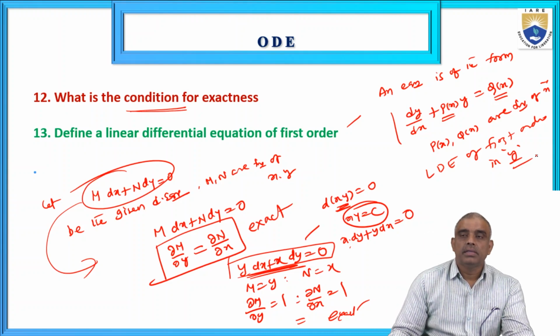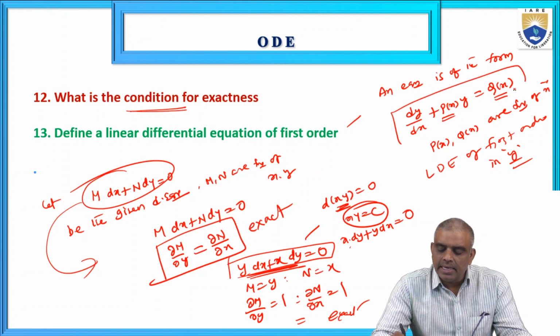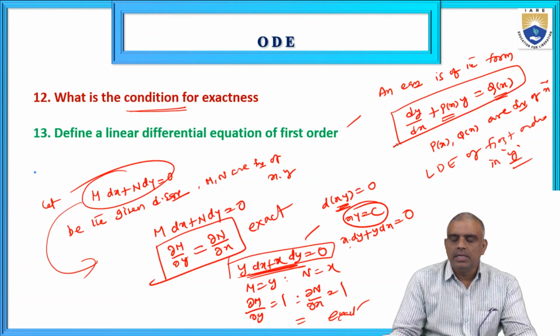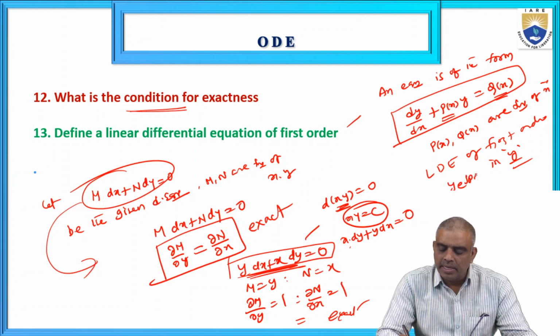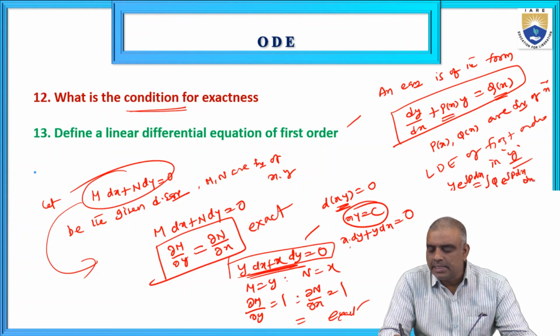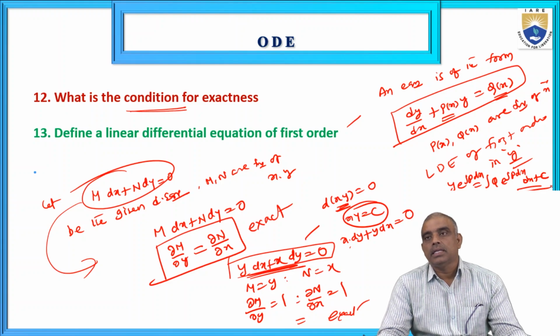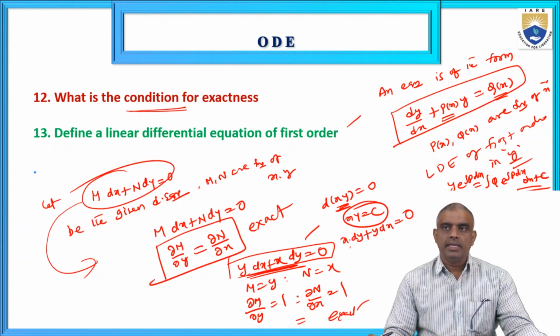If the given equation is a linear differential equation of first order, then you can find the solution easily. The solution will be y into e power integral P dx is equal to integral Q into e power integral P dx, dx plus c. And this is the general solution of the first order linear differential equation.